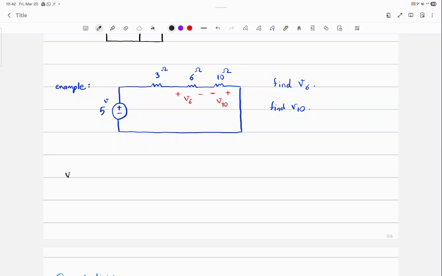What is V6? 5, the main voltage source, multiplied by a fraction. What is that fraction? 6 ohms for the numerator. What is the denominator? 3 plus 6 plus 10. I just write it as 30 divided by 19 volts.